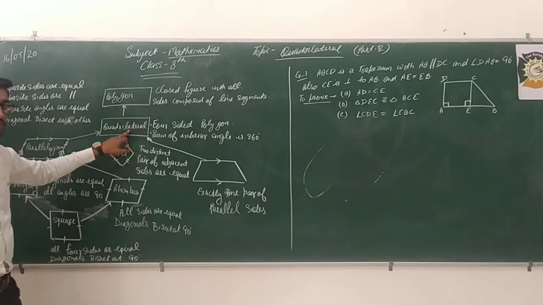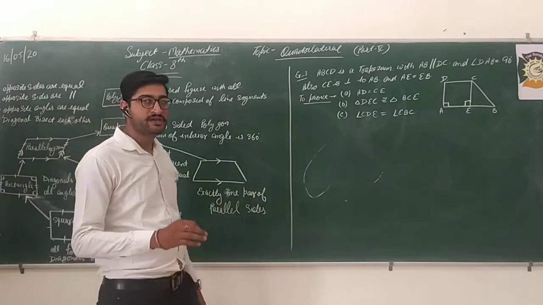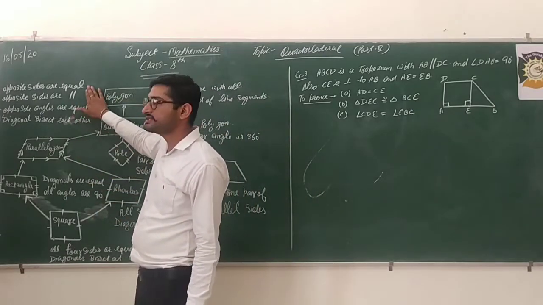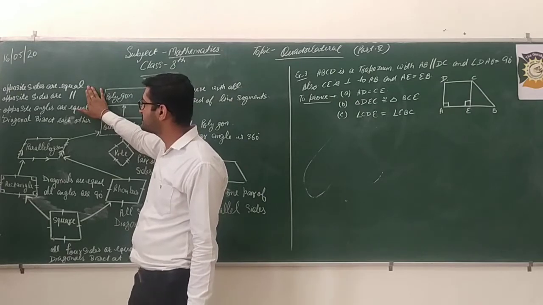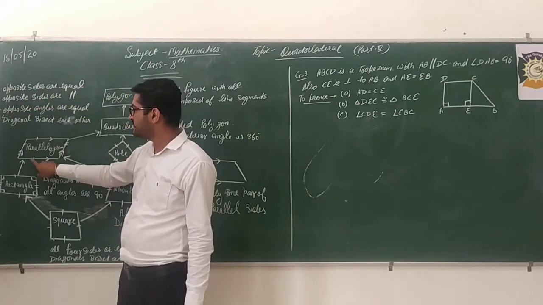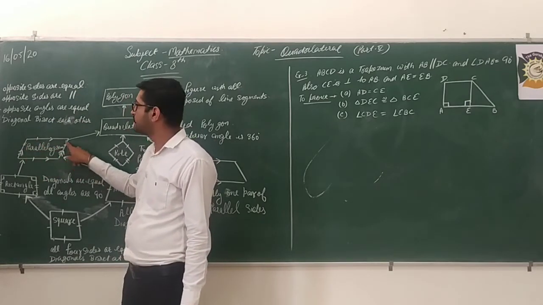After that, polygon, parallelogram you can see, and the parallelogram indicates the arrow to quadrilateral. It means the parallelogram is a quadrilateral, and these are the properties of the parallelogram. Here you can see that the opposite sides are equal. This sign indicates that the opposite sides are equal.